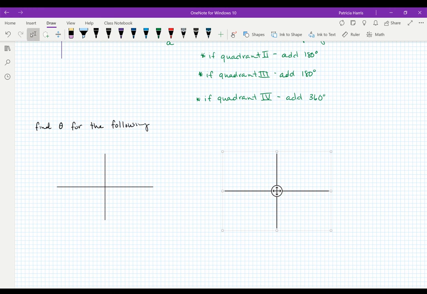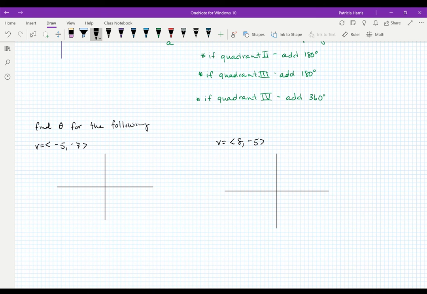My first vector, we'll say it's -5, -7. And my second vector, we'll say it is 8, -5.